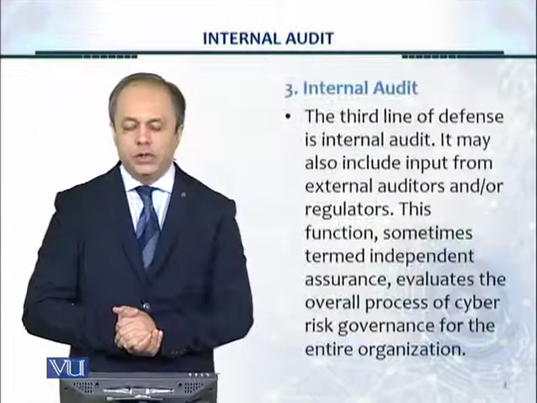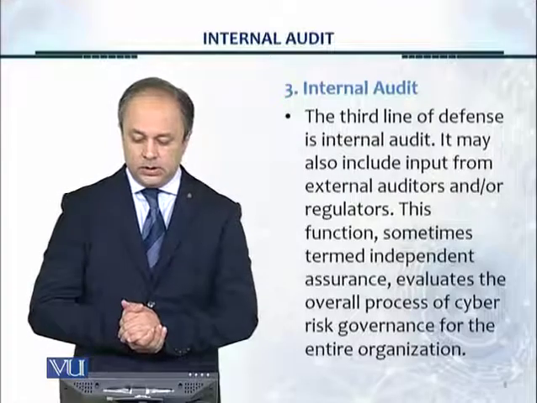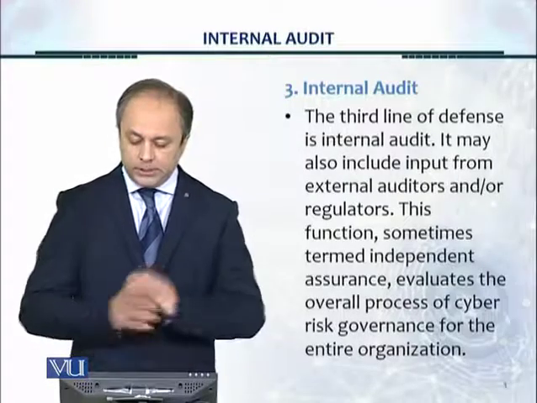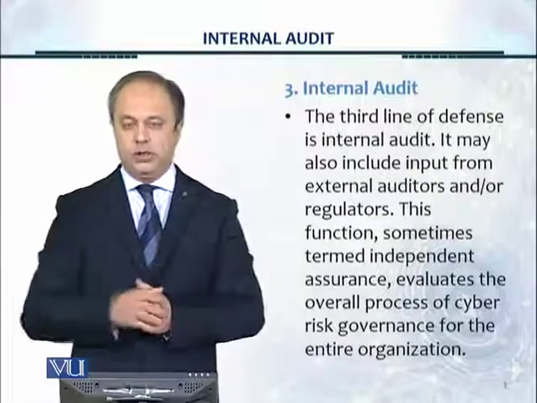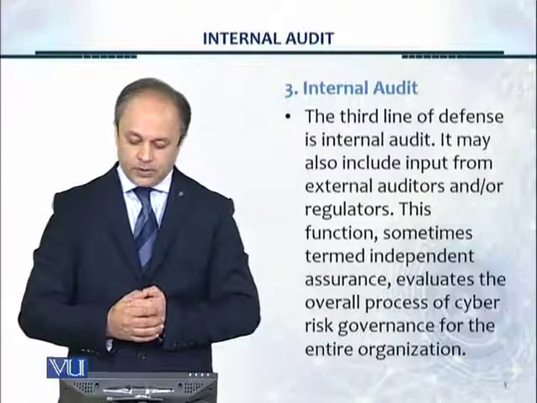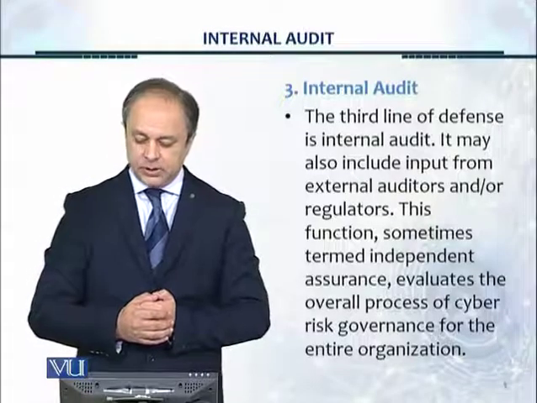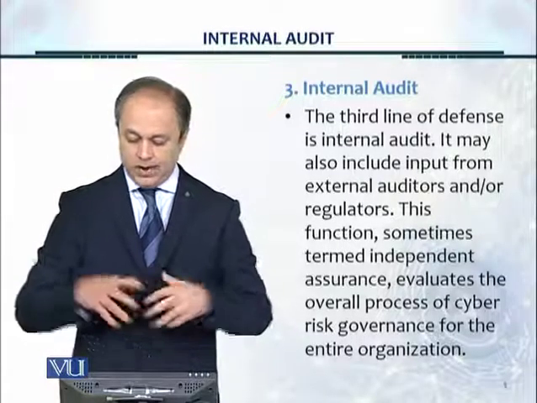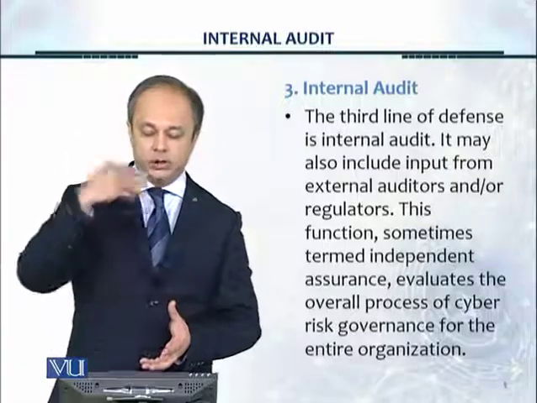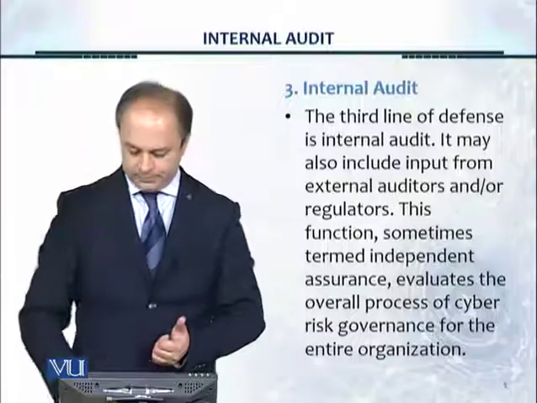The third line of defense is internal audit. It may also include input from external auditors, especially in the banking sector, and or regulators. This function, sometimes termed independent assurance, evaluates the overall process of cyber risk governance for the entire organization as a third layer.